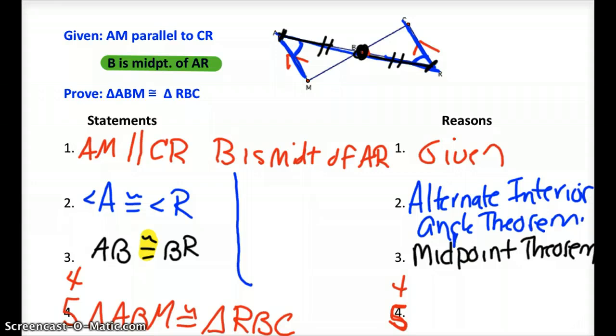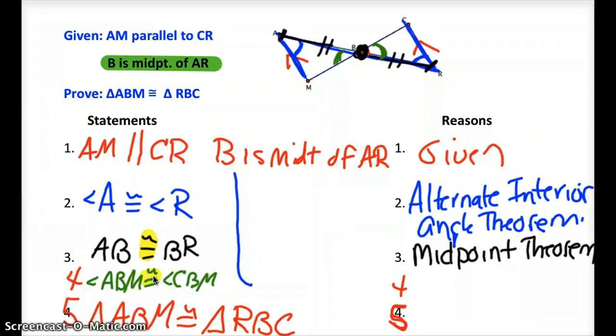Some people are saying, I've noticed this right here and this right here. Those are vertical angles. And so I'm going to write that down. Angle ABM is congruent to angle CBR. And those are vertical angles. The definition of vertical angles says vertical angles are equal. The theorem says that they are congruent. So theorems are a proof is what they are. They're taking it 1 step farther. So this has a congruent symbol.